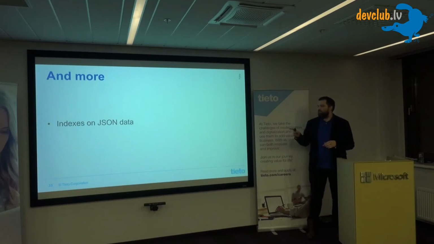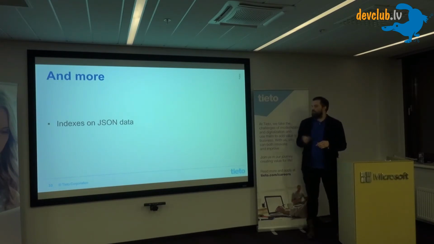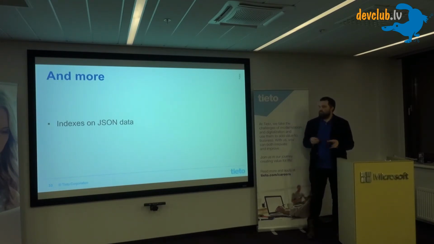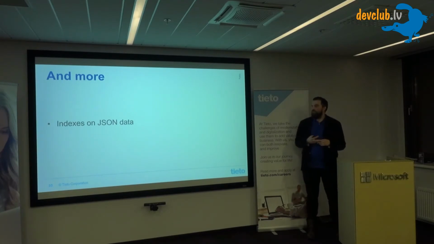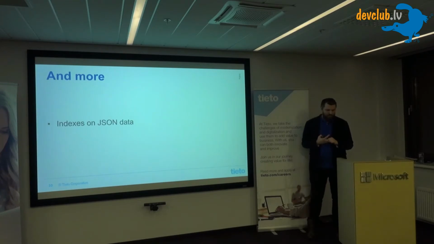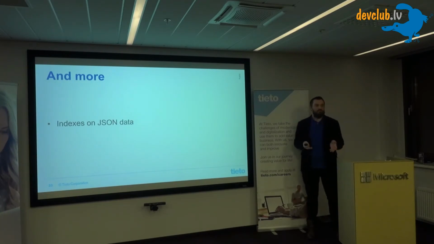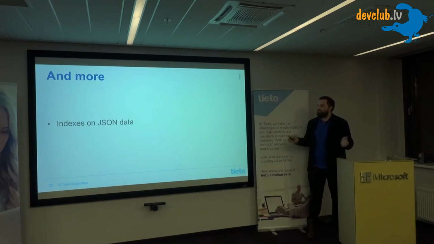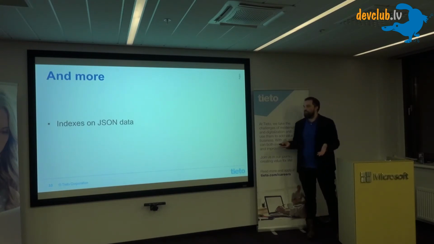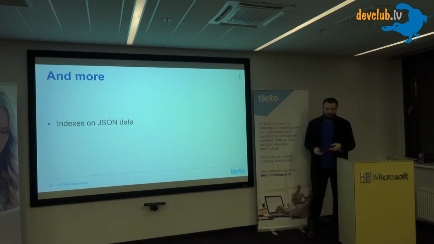We can create indexes on JSON data, like regular Oracle function-based indexes. This is a feature which NoSQL databases were very proud of at some point. They told us, we support secondary indexes. Well, it's nothing unusual in relational databases.